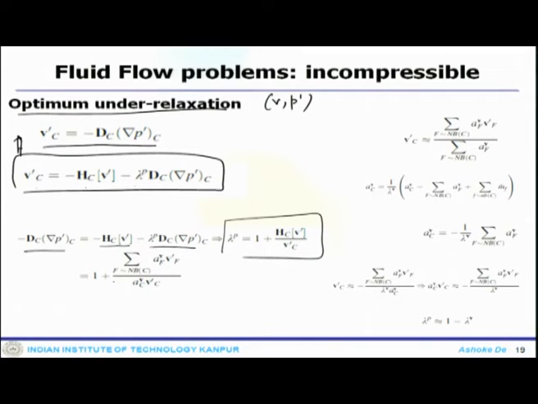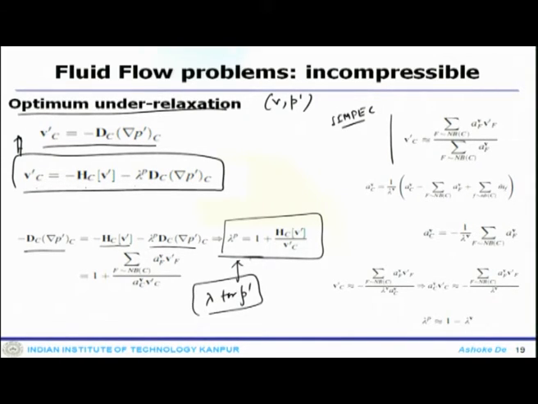So, the SIMPLEC algorithm eliminated the need for under relaxation of pressure corrections and results in an optimum acceleration rate. Therefore, using an approximation introduced with SIMPLEC, the velocity corrections at C can be written as a weighted average like this. So, this is done in SIMPLEC, and this is the correction for lambda for p prime.